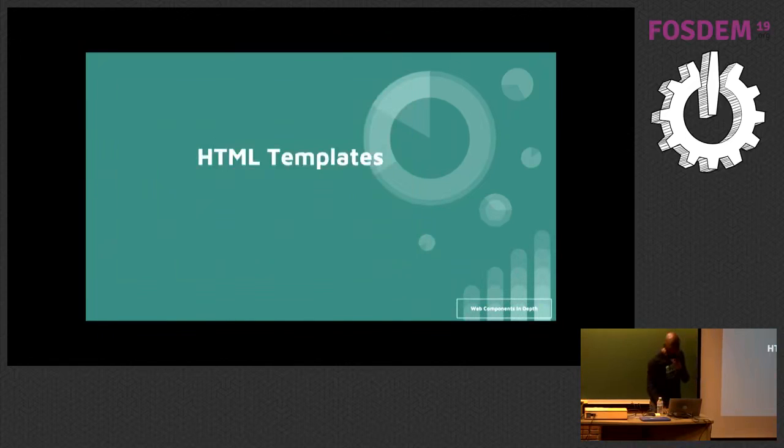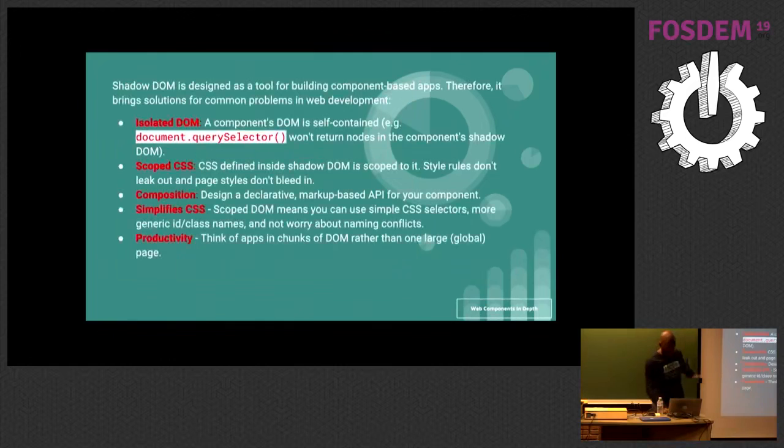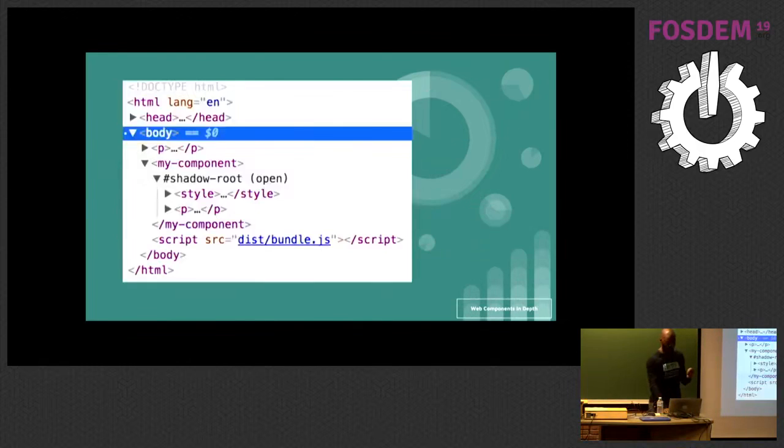Okay, so let me just go back here quickly. Shadow DOM: self-contained, scoped CSS, possibility to write more declarative code. It helps you focus on just CSS in one component, right? So if you use those rules, you start building more focused components.